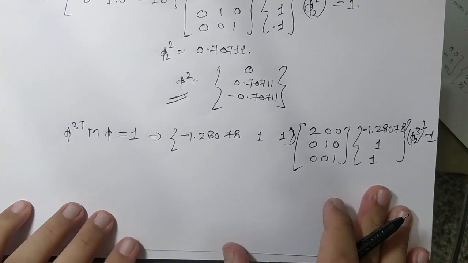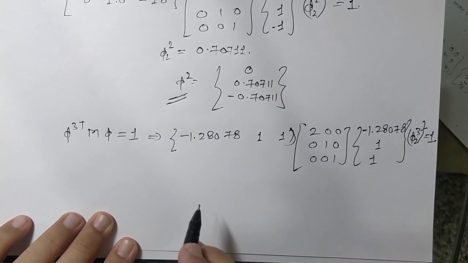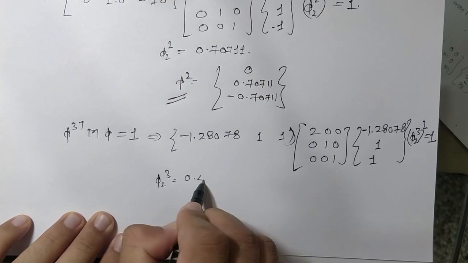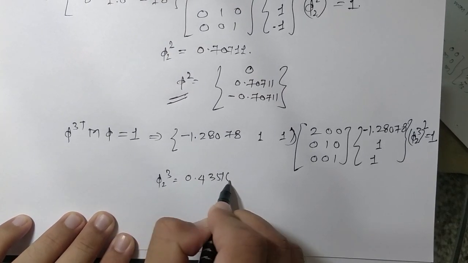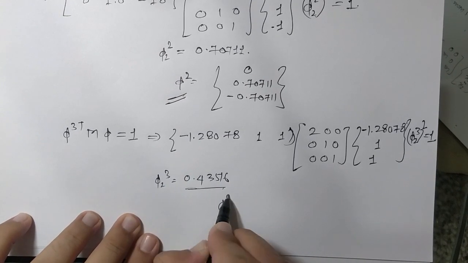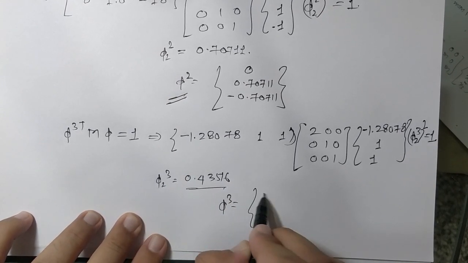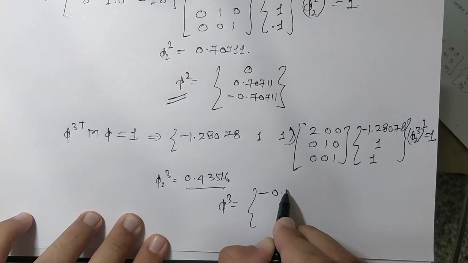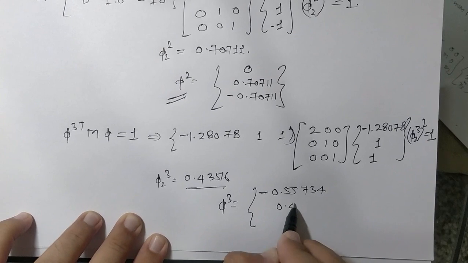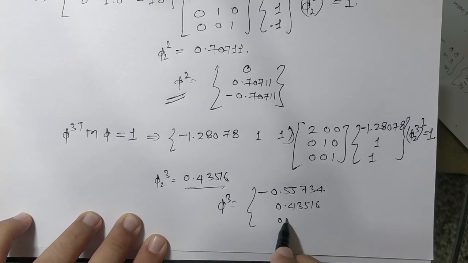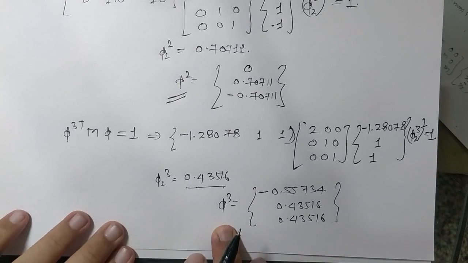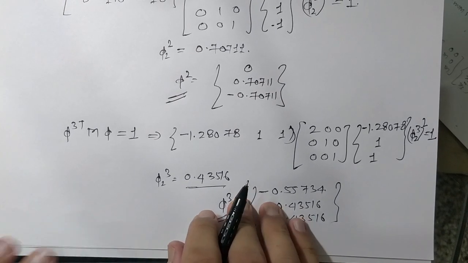If we solve this, we'll get the value of phi 2 3 equal to 0.43516. So the normalized third mode shape is minus 0.55734, 0.43516, 0.43516. So this is our third normalized mode shape.